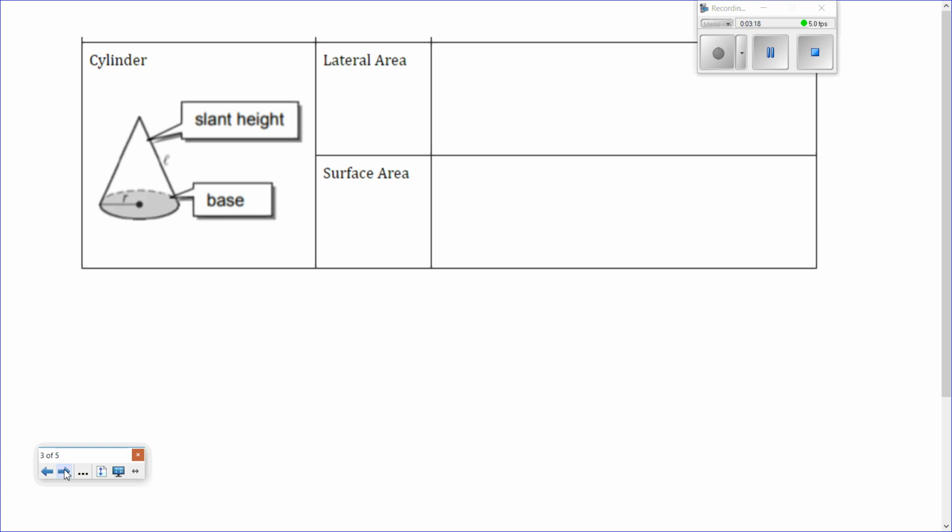For our cones, we see that our base is the shaded area. You have the radius of your circle right here, and then the slant height is still coming down the side of your figure. It'll be perpendicular on that side, but it's still coming down the side.